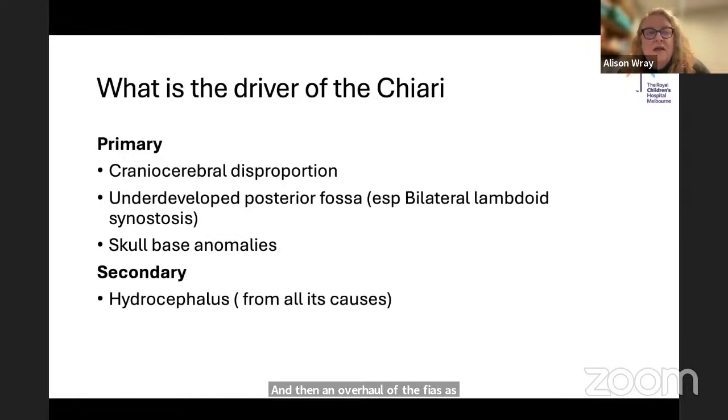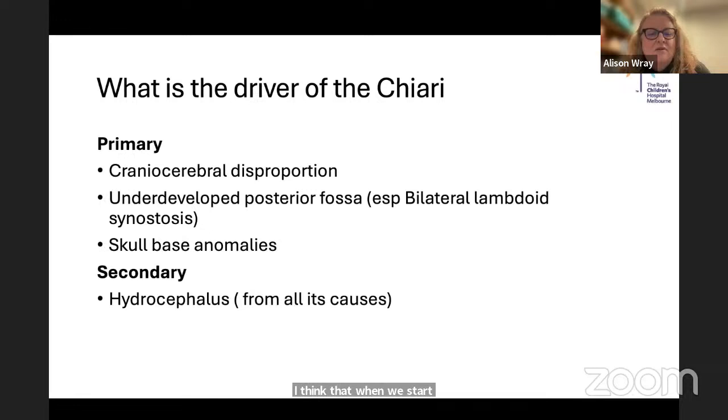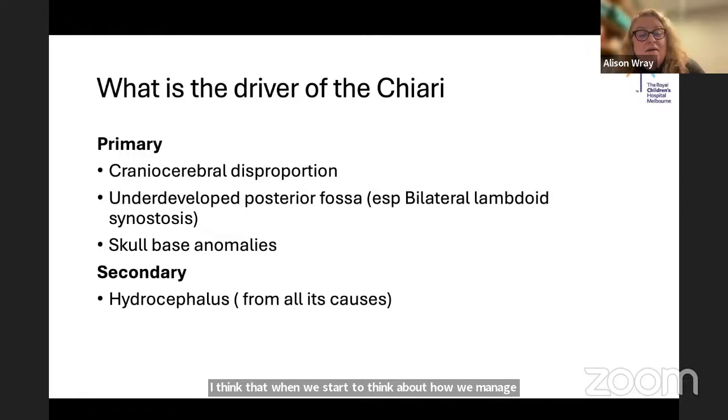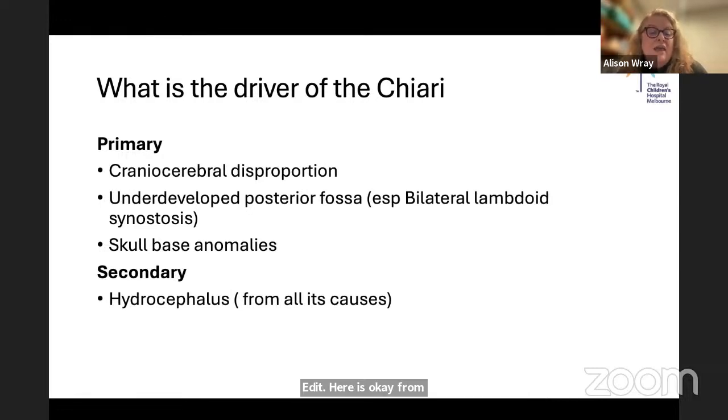I think that when we start to think about how we manage a Chiari, it's important that we don't consider them in the same way that we consider idiopathic Chiaris or Chiaris from other primary pathologies, because these Chiaris really relate to what's happening with the sutures and the growth.